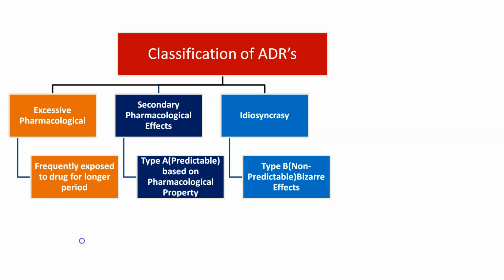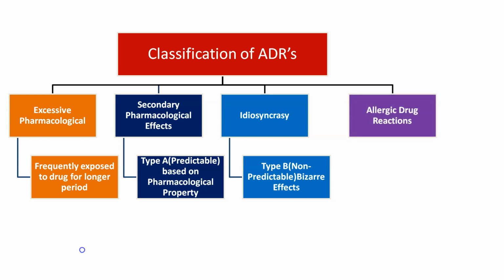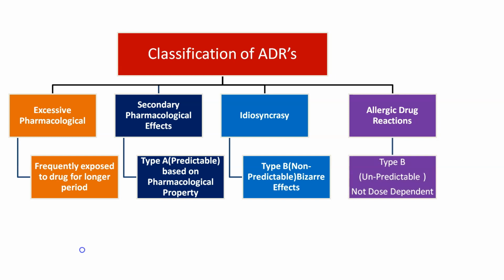We cannot explain the effects produced, and they cannot be predicted in individual patients. They can occur because of genetically abnormal subjects, as we have said, or prior drug exposure may be required for the patient to suffer from idiosyncratic reactions. Next one is allergic drug reactions. Allergic drug reactions come under the category of type B, unpredictable in nature, and not dose dependent.